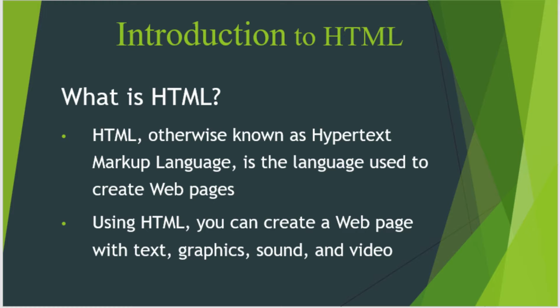There are two types of markup language we are currently using, that is HTML and XHTML. HTML means hypertext markup language and XHTML means extensible hypertext markup language. What is the difference between HTML and XHTML? HTML is case insensitive.